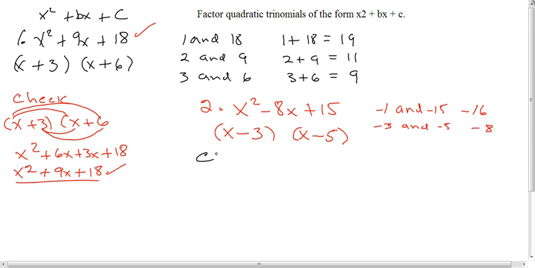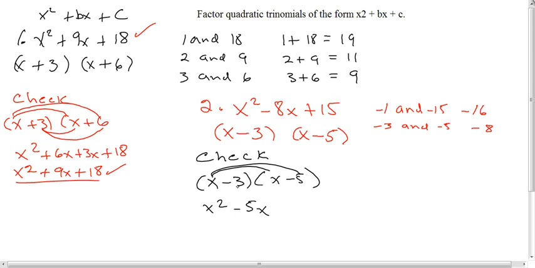Okay, so check again. We will use FOIL. So we have x minus 3 times x minus 5. Of course x times x is going to give us x squared, and x times a negative 5 is going to give us a negative 5x.